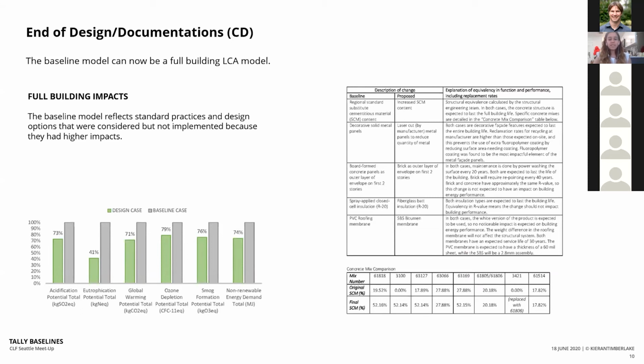And what this means in terms of modeling in Tally is that, as I mentioned earlier, it's almost impossible to have a baseline model that's established right at the beginning, and then you have a proposed design that you work towards throughout the design process. But it's really helpful to do these smaller scale studies throughout and hold these dynamic baselines throughout the design process.